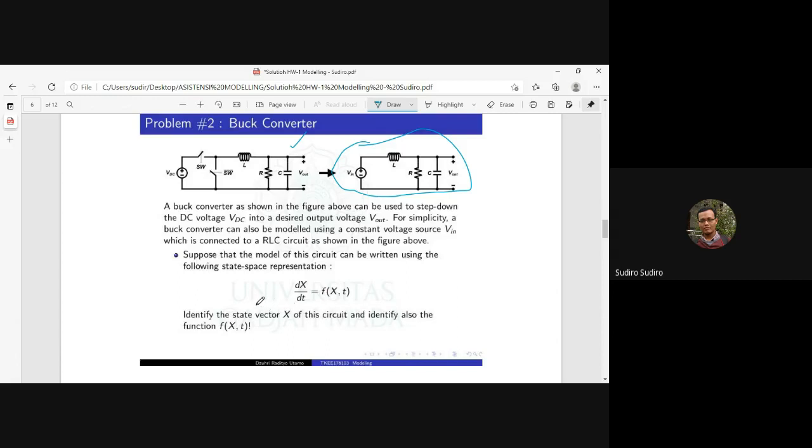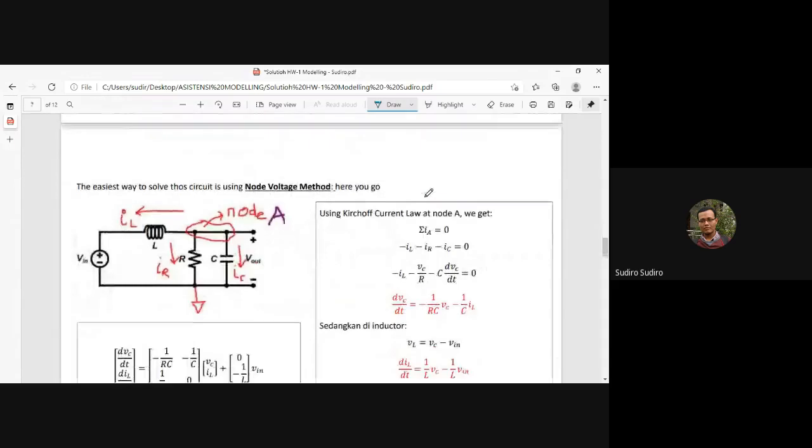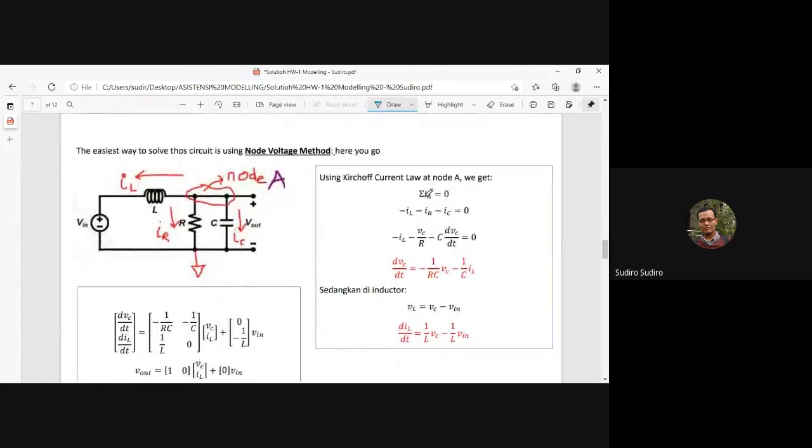Firstly we are asked to determine the state vector x, and then we are asked to construct the state space representation with the input Vin and output Vout, and then we can draw like this.